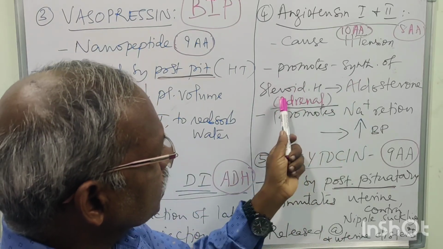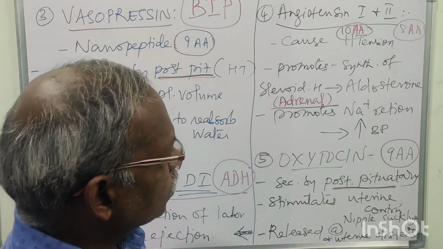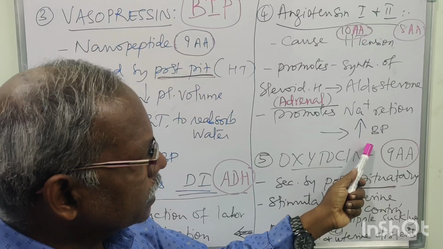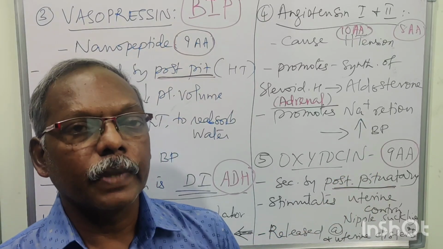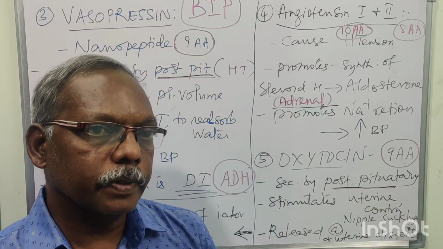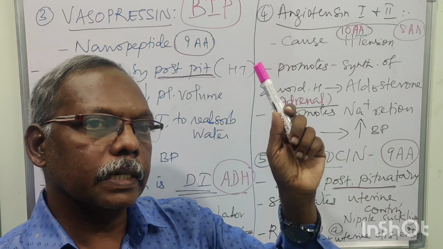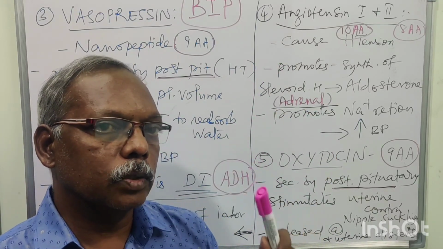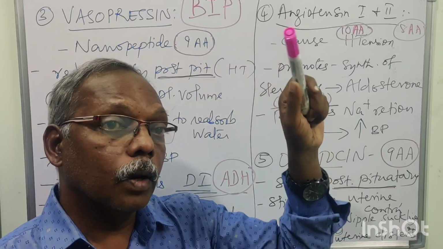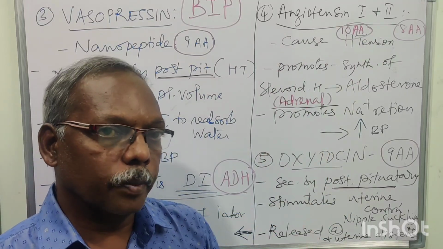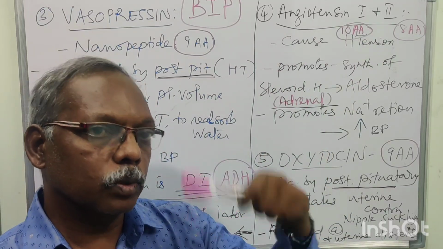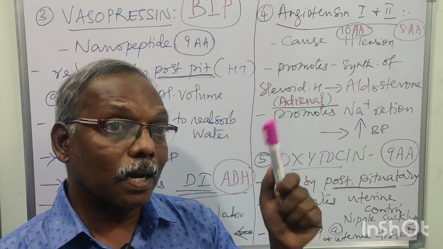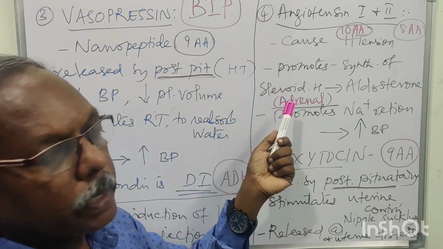It promotes the synthesis of steroid hormones and aldosterone, which promotes sodium retention and maintains BP. We discussed the RAAS, the renin-angiotensin-aldosterone system, earlier under water and sodium retention. If time permits, go through the RAAS and then read this.